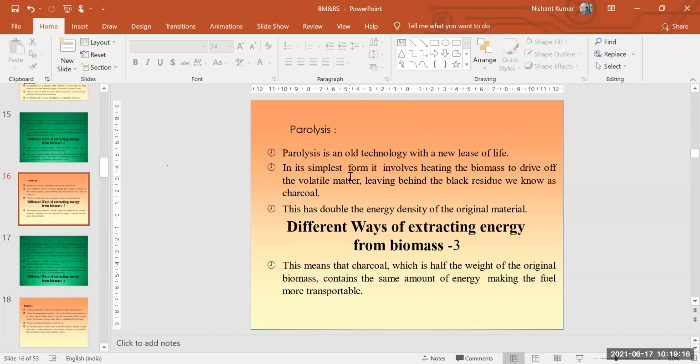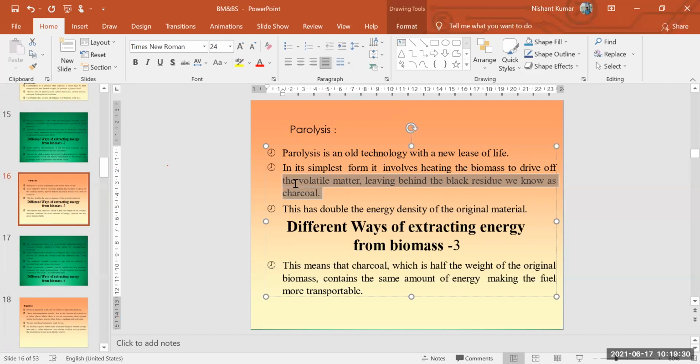It is the simplest form. It involves heating the biomass to drive off the volatile matter, leaving behind a black residue known as charcoal. This is a very old process. This has double the energy density of the original material.